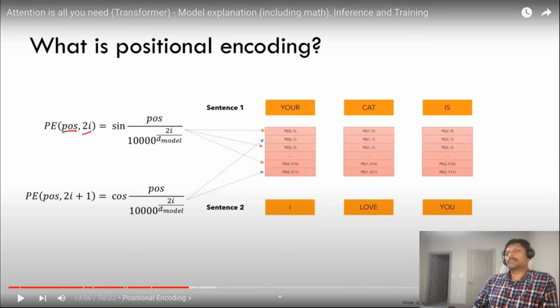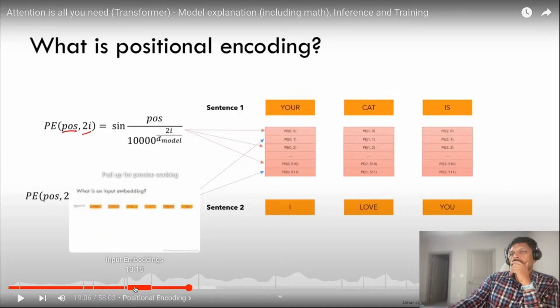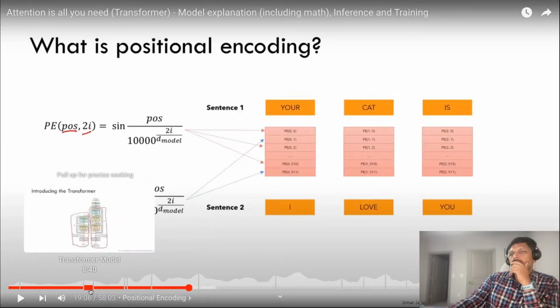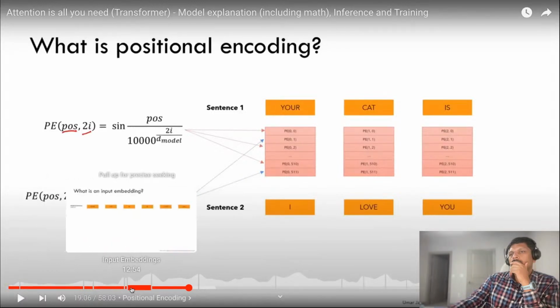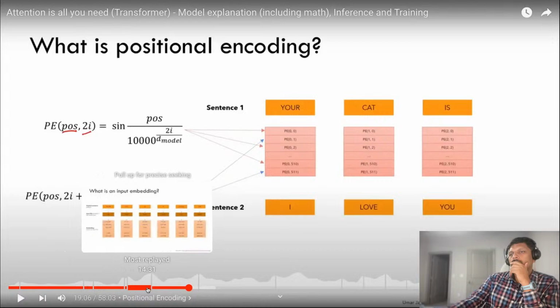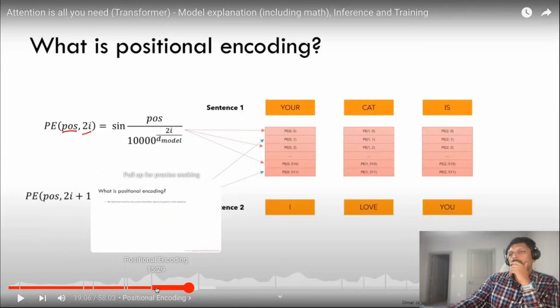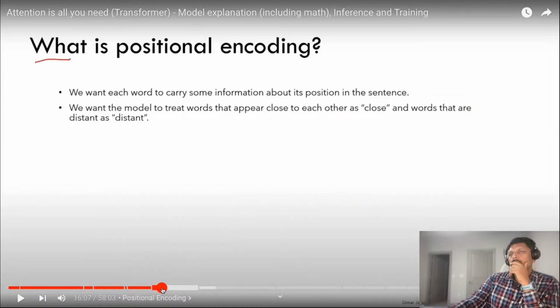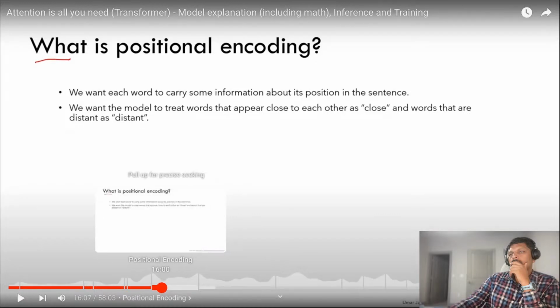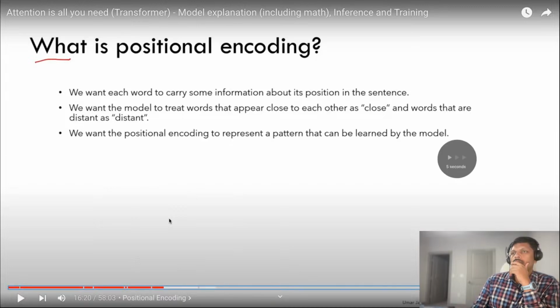But let's say sine of the pattern that can be learned by the model.